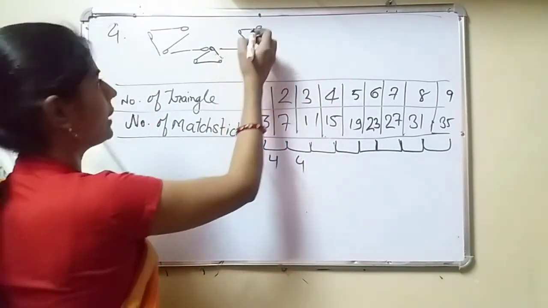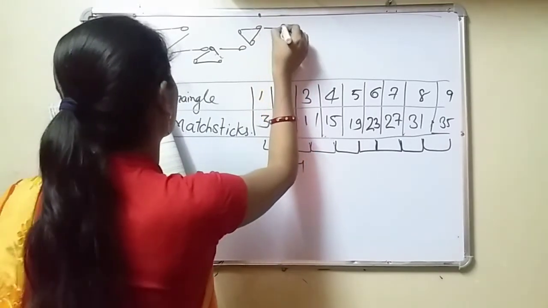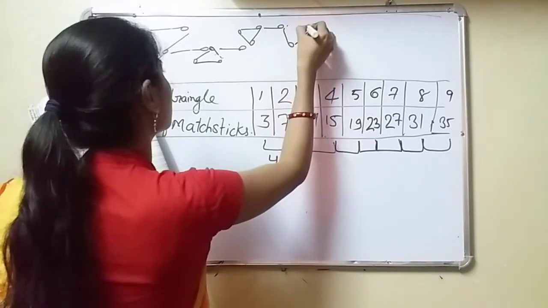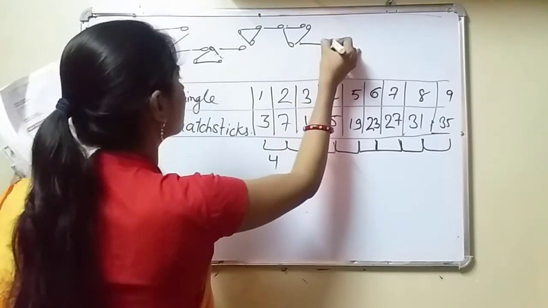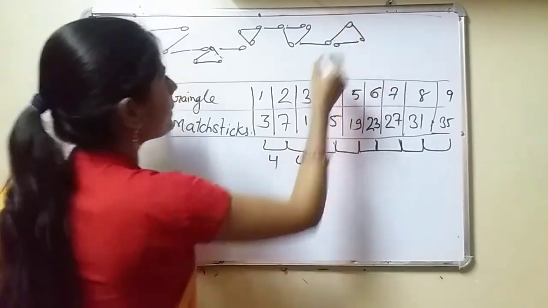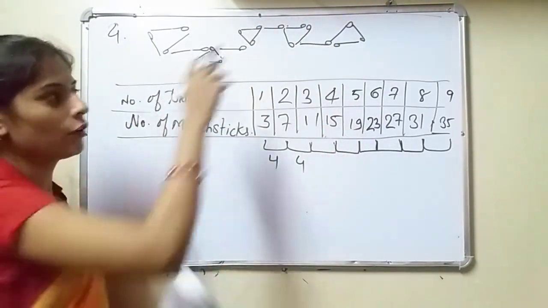This also you have to count. Like this you can make the triangles and add the number of matchsticks.